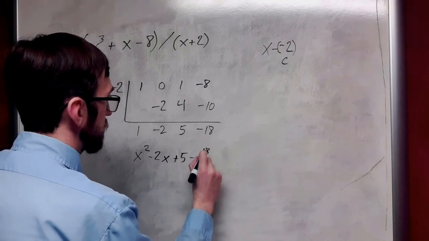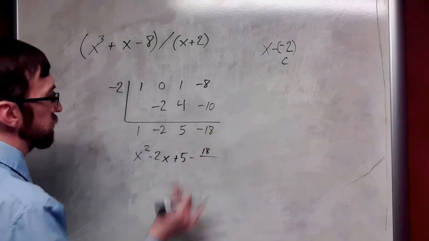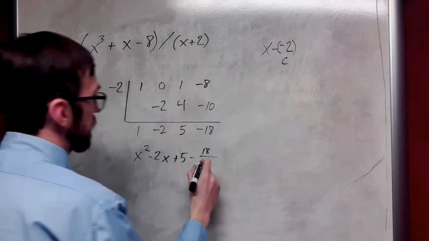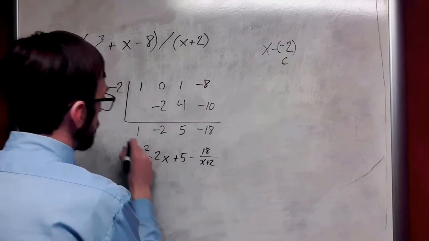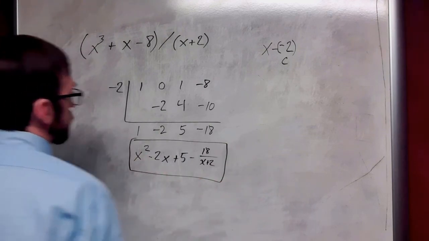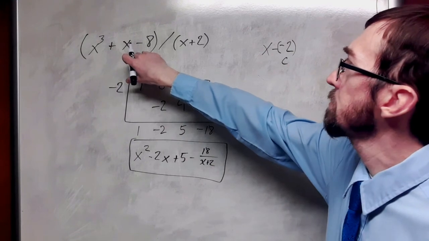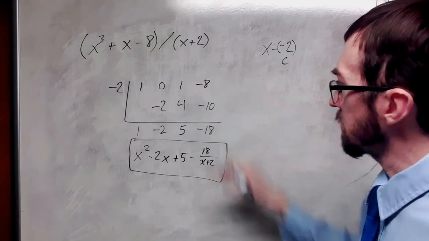This is going to be the remainder. It's our numerator, and the denominator is the number that we divided by. So this is the quotient that we get if we divide this polynomial by this polynomial.